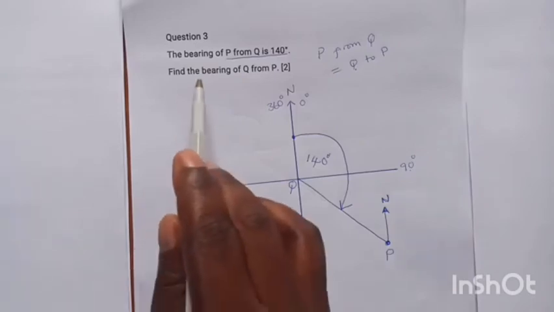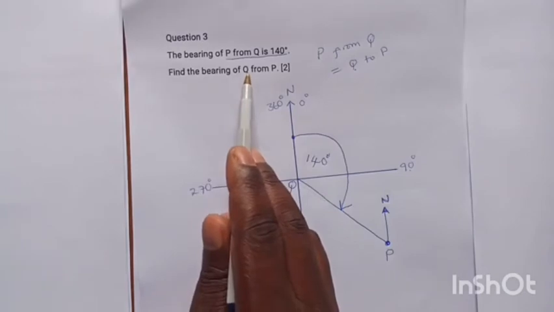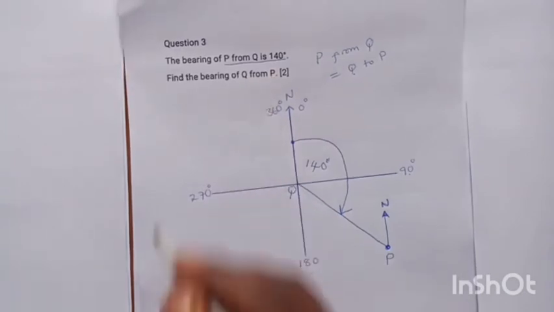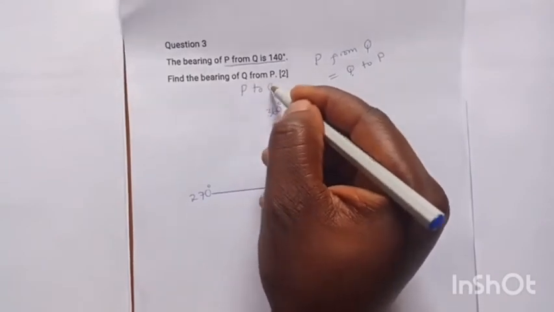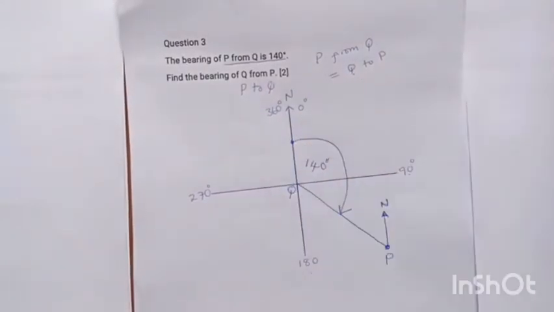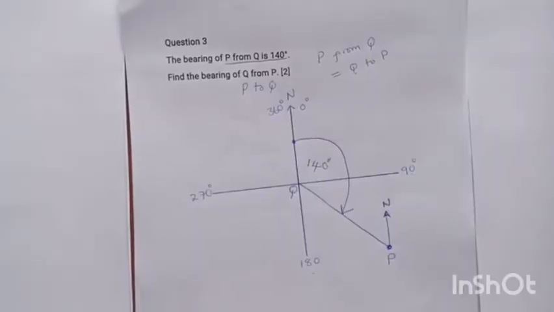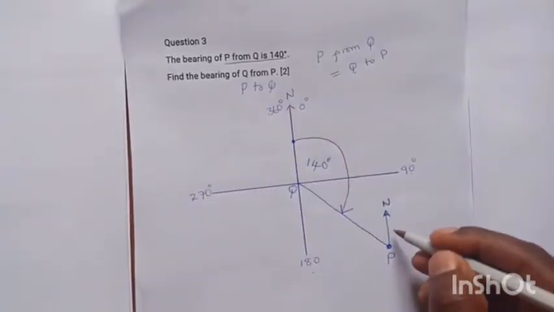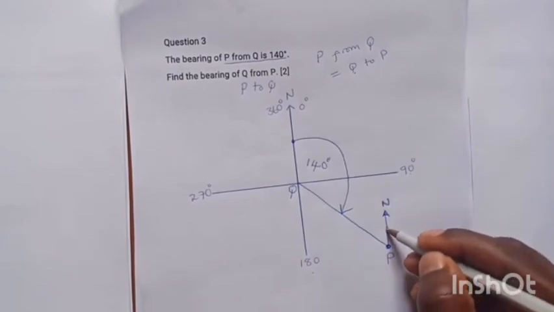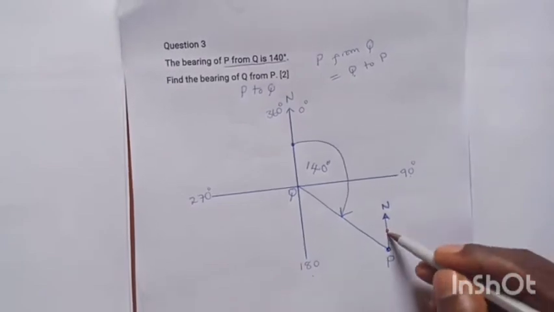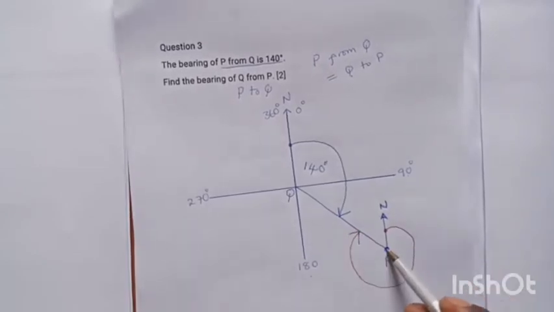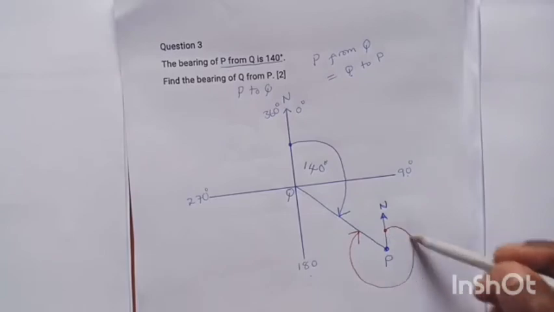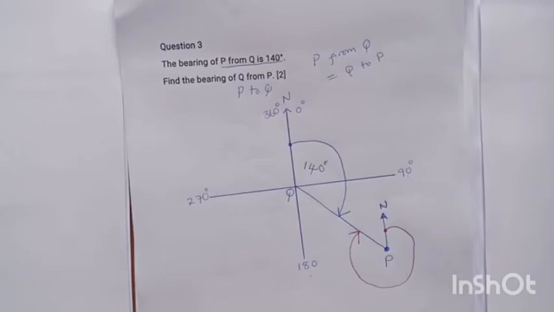Find the bearing of Q from P. Q from P is as good as P to Q. So P to Q, it means I'm going to measure the required bearing from the north pole of P, moving in a clockwise direction to touch the line connecting P and Q. So this red arrow is representing the required bearing.